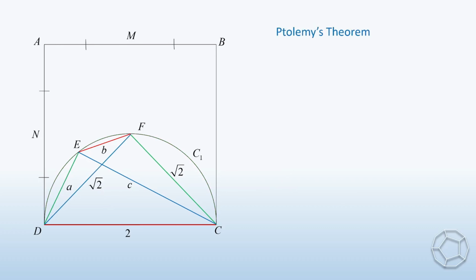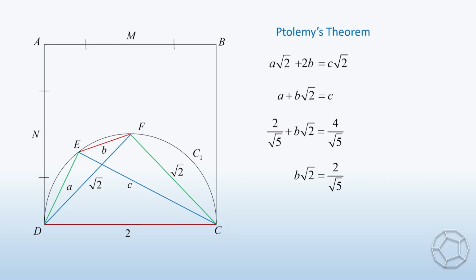Now, the product of the two green opposite sides, a times square root 2, plus the product of the two red opposite sides, 2 times b, is equal to the product of the two diagonals, c times square root 2. Divide both sides by square root 2, we have a plus b root 2 is equal to c. Putting the values of a and c inside, we get b equals square root 10 over 5 again. Alright, all the lengths are determined.